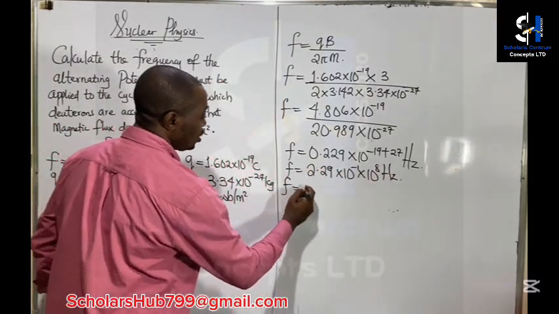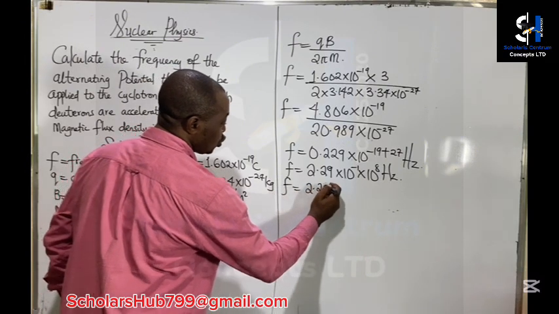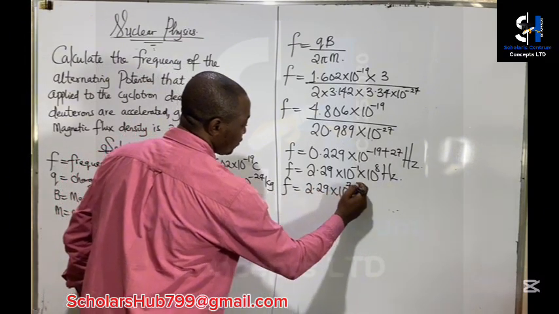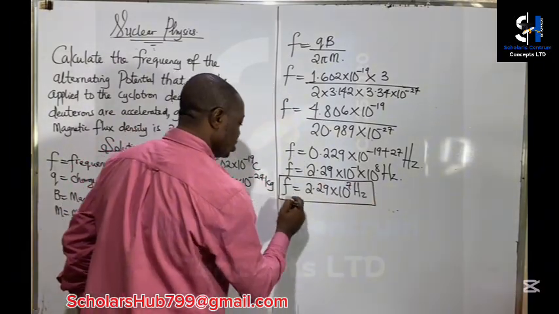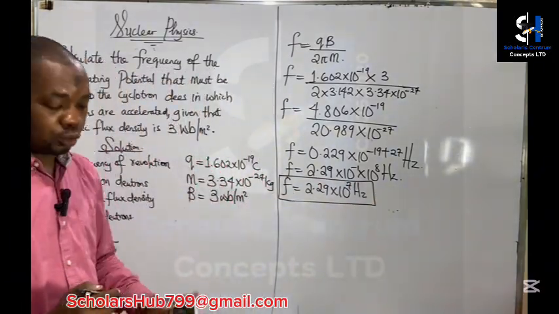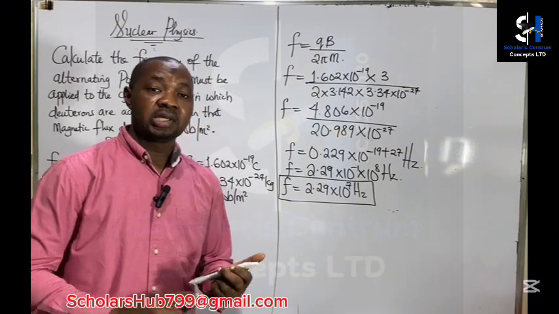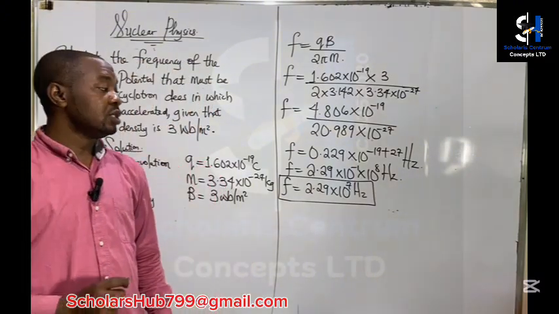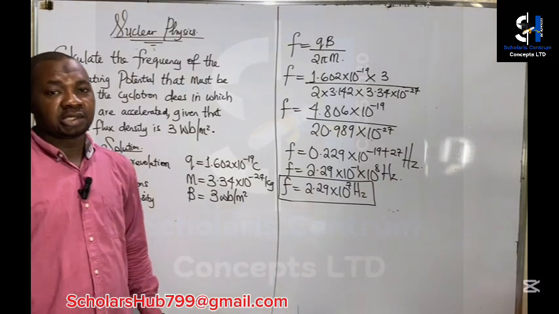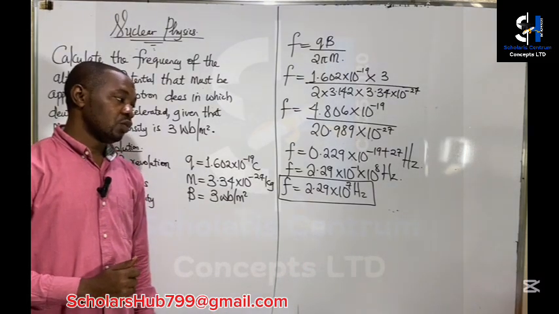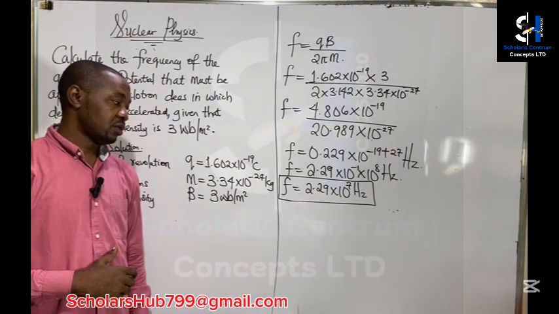So F equals 2.29 times 10 raised to the power of 7 hertz. This is the frequency of revolution for a charged particle moving in a transverse uniform magnetic field, describing a circular path.